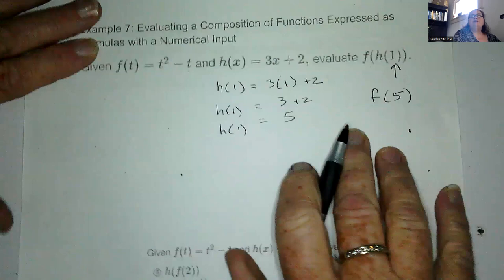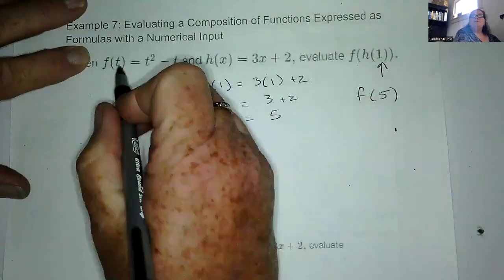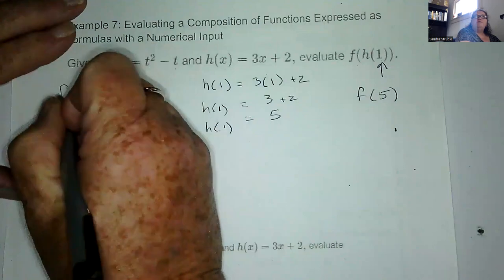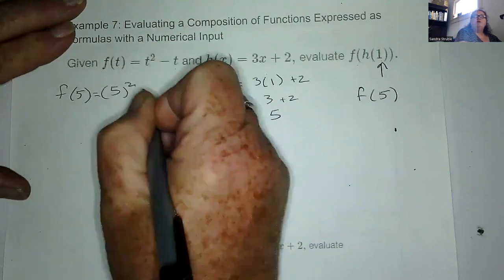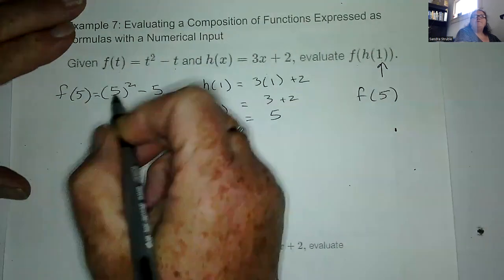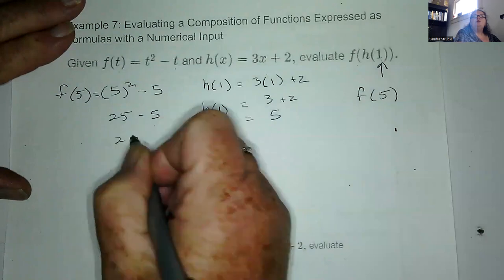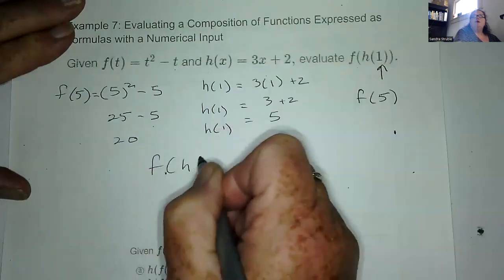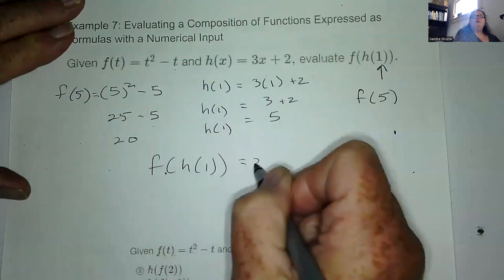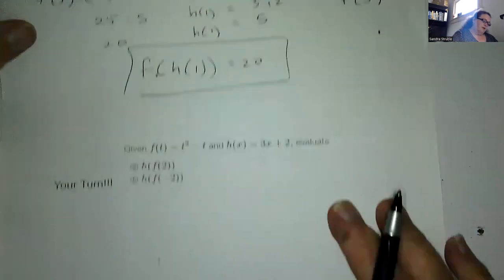So now I come over here to my f function, and I'm going to plug in 5 everywhere there's a t. So f of 5 is equal to 5 squared minus 5. 5 squared is 25 minus 5, and that's just 20. Okay, so our final answer, f of h of 1 is 20. Okay.